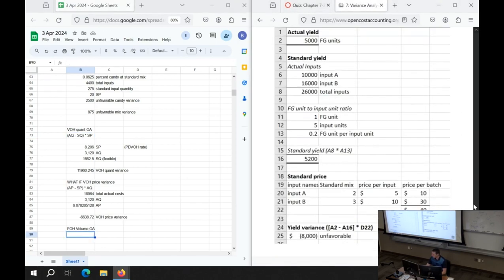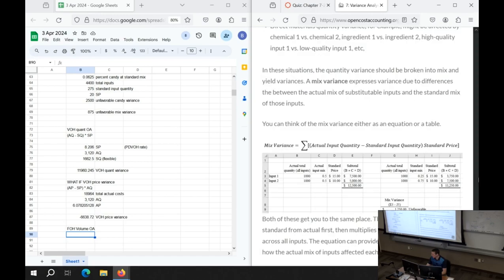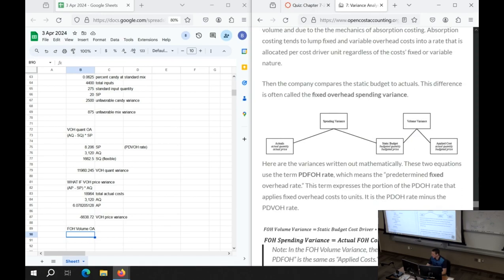So here you have an FOH volume variance question. Open answer. This was also open answer. Just be consistent. So the volume variance, we'll go down here. It's taking the static budget minus applied cost. And looks like I successfully updated the equation right here. The static budget box is static budget cost driver times predetermined fixed overhead rate, so the fixed portion of the predetermined overhead rate.